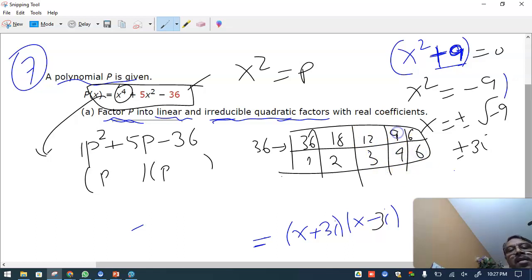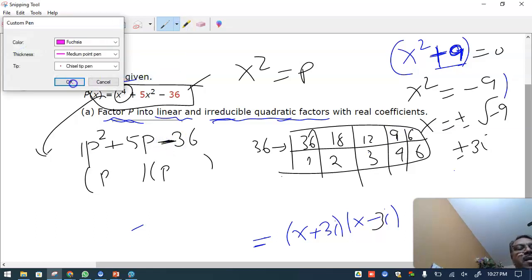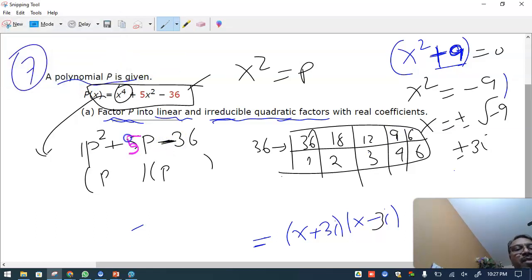Among these, because there's a minus, you check which of the pairs gives you 5 when you subtract. You can clearly see 9 and 4, if you subtract, gives you 5. But because there's a plus 5, the bigger one takes plus 9 and the smaller one takes minus 4.